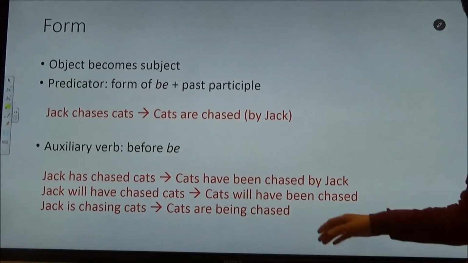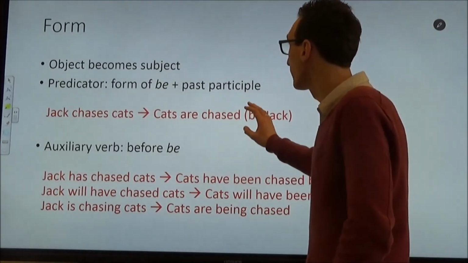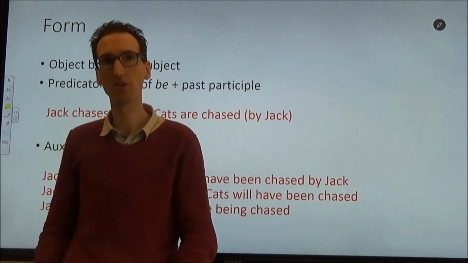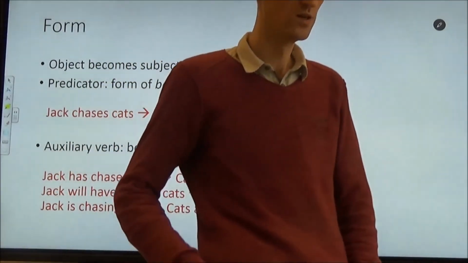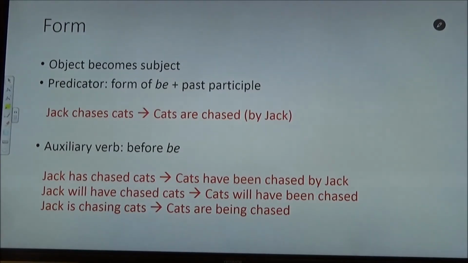I'm not sure whether this is coming in the next slide, so I'll explain it to you here. What do we do when there's no object? For example, she turns left. Left is an adverbial, it's not an object. In that case, we cannot make a passive sentence. You can't make a passive sentence out of "she turns left".